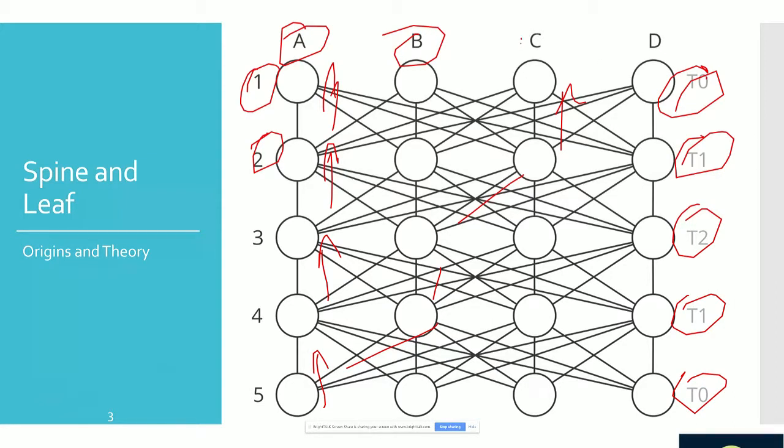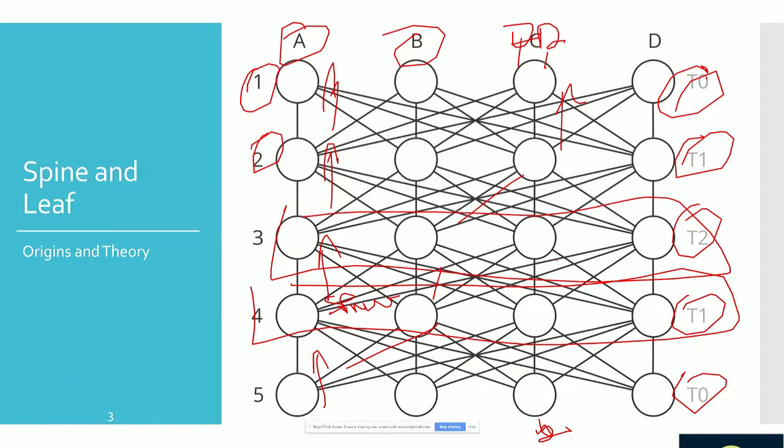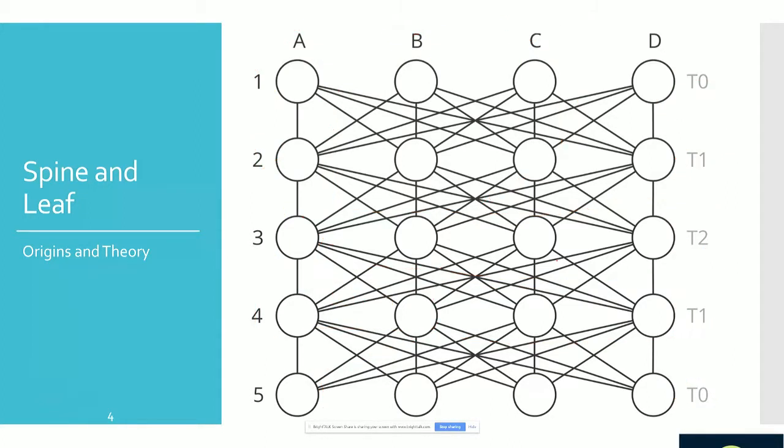So T0 down here would be connected to hosts, and T0 down here would be connected to hosts, and then these would be considered your spine switches, and these are considered your super spine switches here at T2. This is basically how I number things, just to make it easier to understand where we're talking about in the fabric at a particular time.